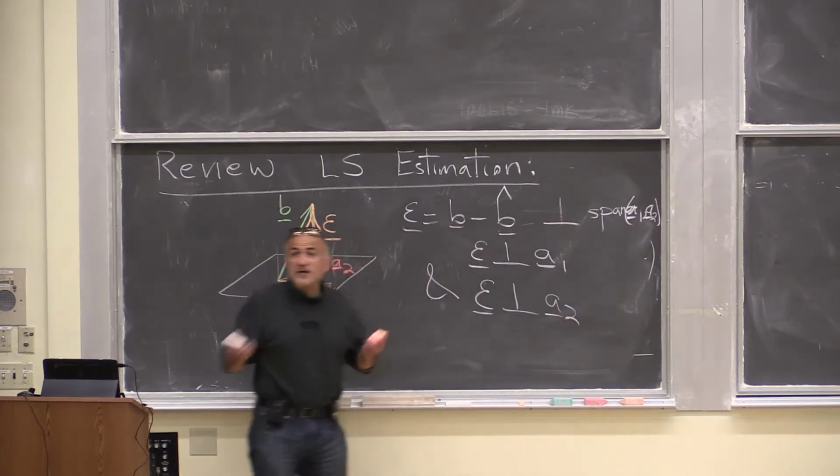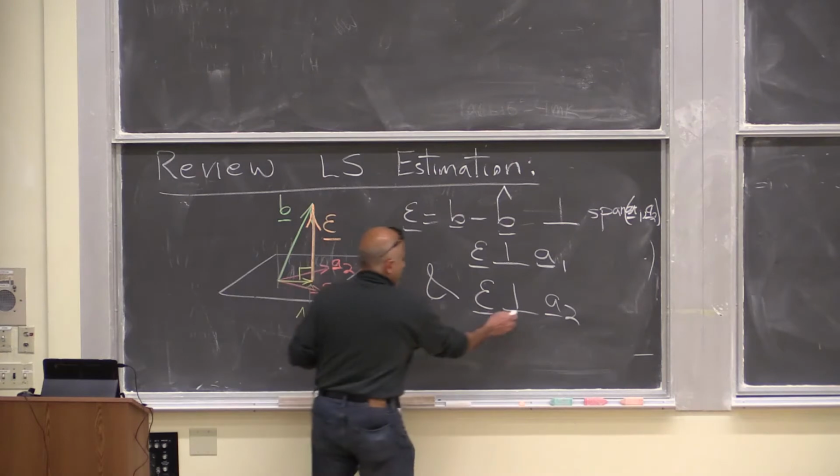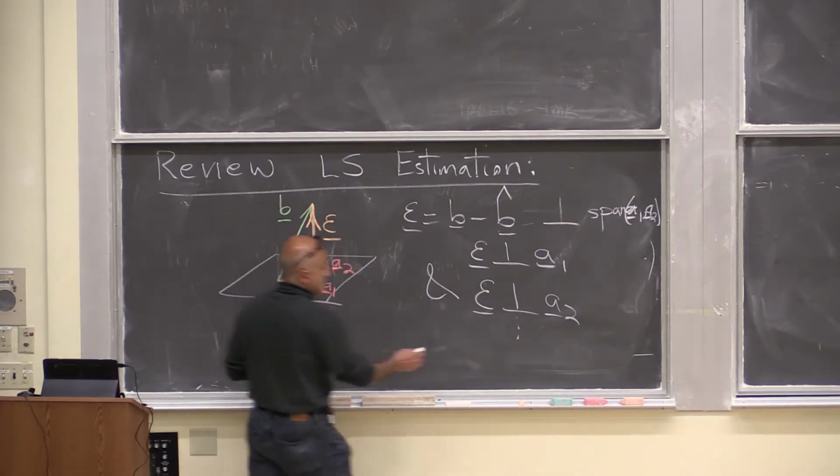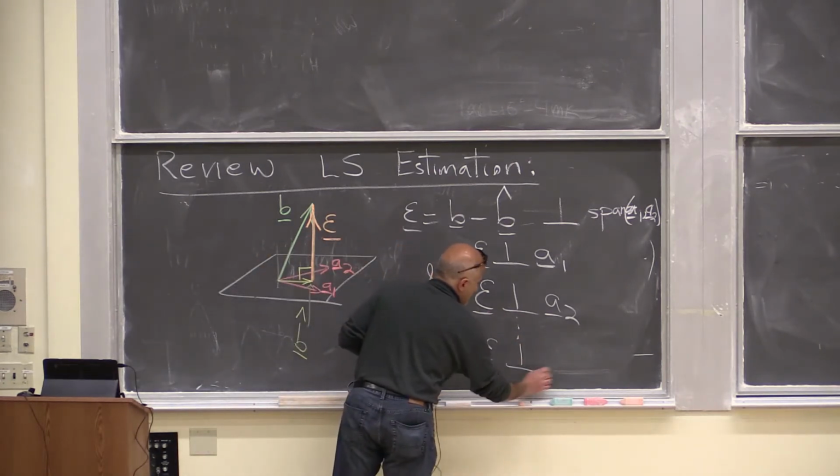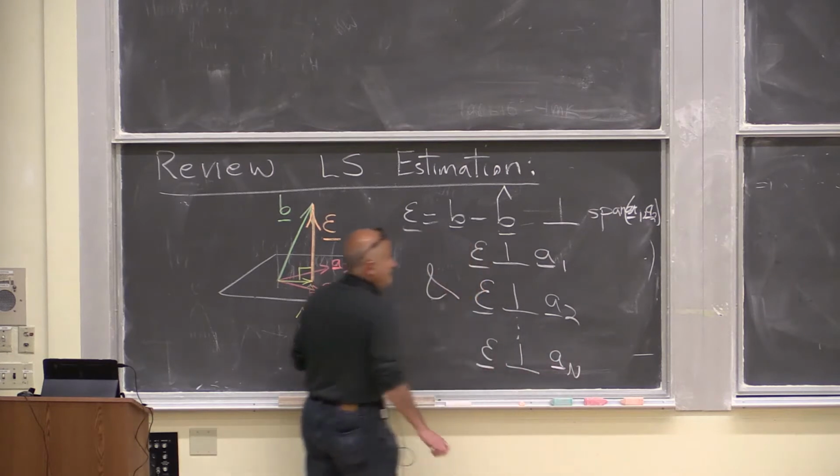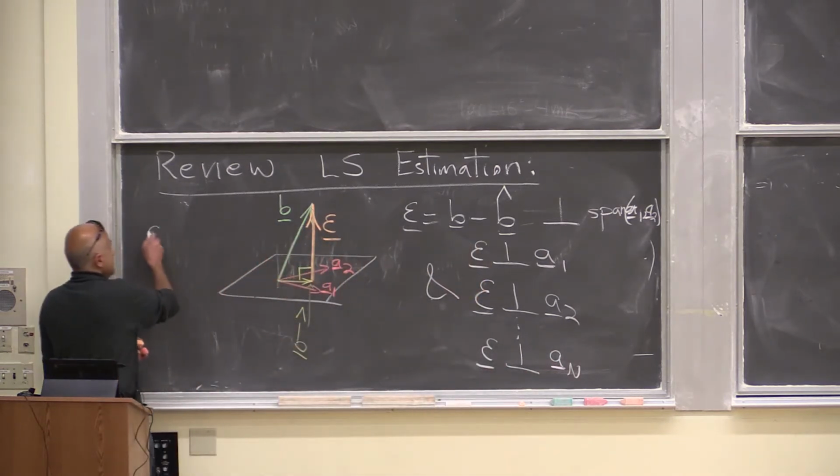And if I have a set of n of these, then that error vector is orthogonal to A sub n.